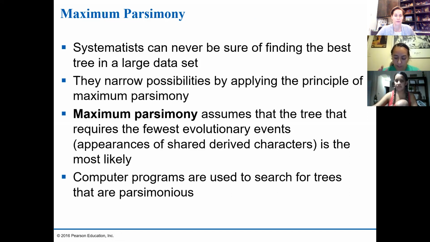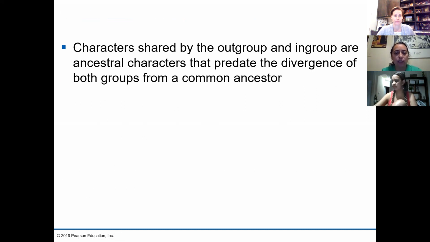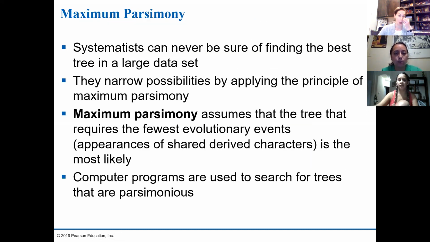I saw from the notes that it would be something with the same derived character. They would share the same characters, but then they would be in a smaller group. It's just a term, not a theory, not a belief, but a term that is used.